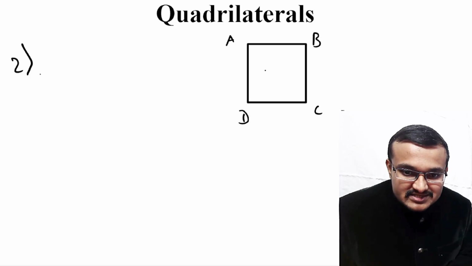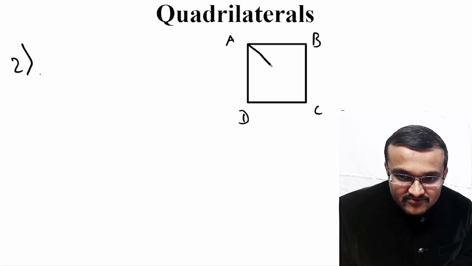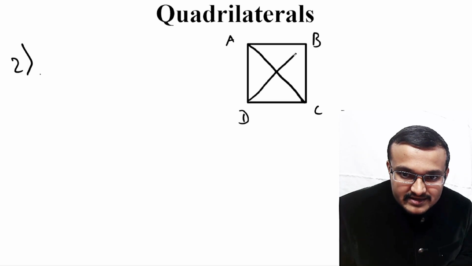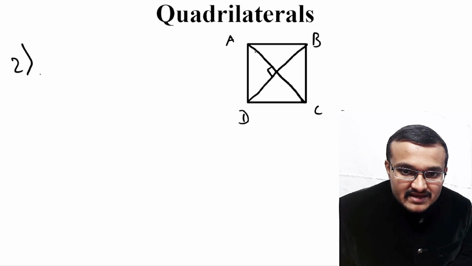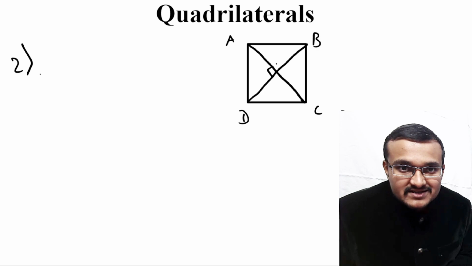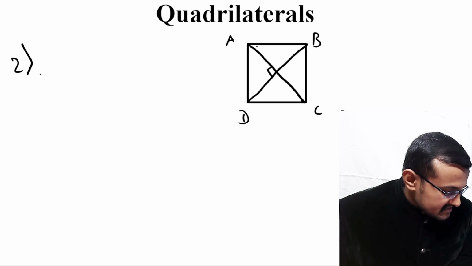So let us consider ABCD as a square and we'll connect AC and we'll also connect DB. You have to prove that one of these angles is equal to 90 degrees, and you have to prove that these two diagonals are equal to each other.